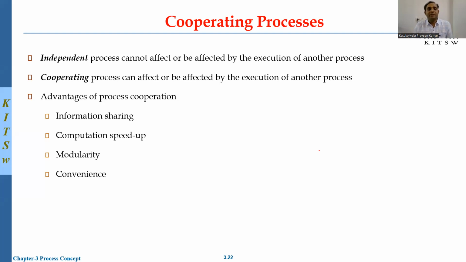A cooperating process can affect or be affected by the execution of another cooperating process. The advantages of process cooperation are information sharing, so that computation can be sped up, modularity, where you can divide the task into several, and convenience, as we have discussed, where you can run multiple programs at a time.